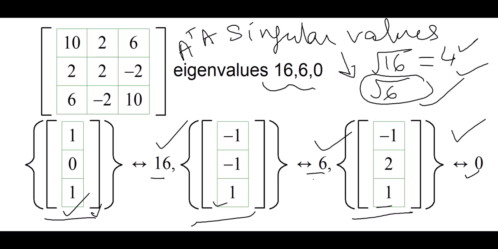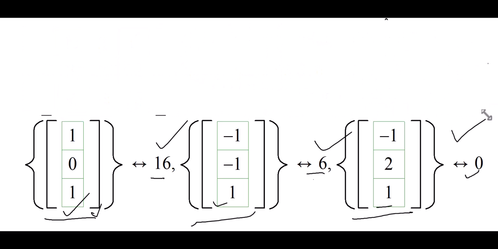Then we will normalize them, and they're already orthogonal, as you can see. So let me erase this portion, and let's try to normalize them, or create vectors of length 1.